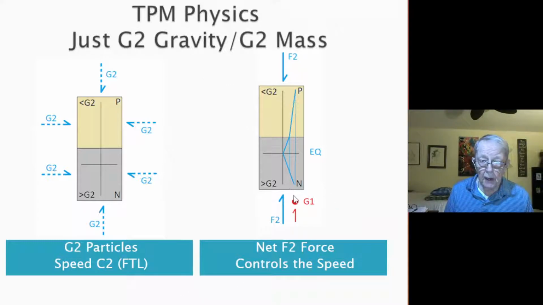And it has a magnitude here at this point, which I represent as a magnitude from a reference point here to a peak here. Same reference point up here to a peak there. And so as the G1s pass through, you lose them, then you have less force. As you're losing them, you get less force. And it drops down until it gets to what I call the equal point.